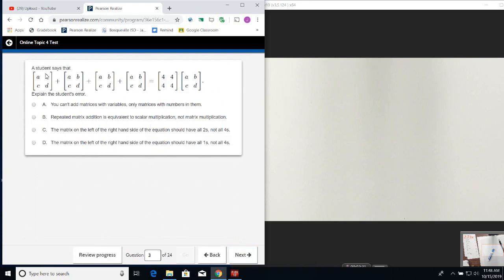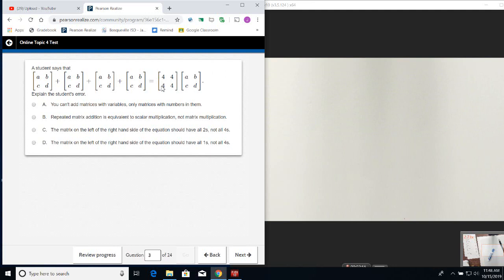A student says that the matrix [A, B, C, D] plus [A, B, C, D] plus [A, B, C, D] plus [A, B, C, D] is equal to the matrix 4 times [A, B, C, D]. Is that right or is that wrong? Well, if I were to multiply this out, this would be this row times this column, so it would be 4A plus 4C.